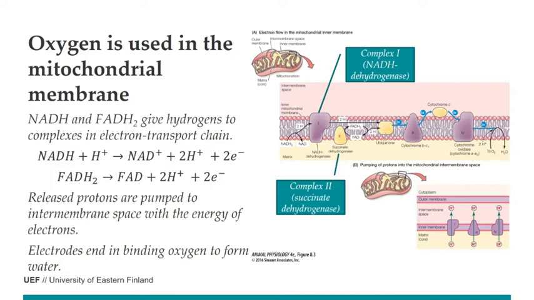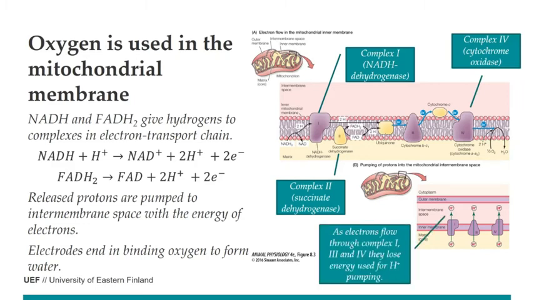And these electrons, in the end, are given on the right-hand side to oxygen to form water. They go through this electron transport chain and give energy to these membrane proteins. How they give the energy is that these membrane proteins pump protons into the intermembrane space.